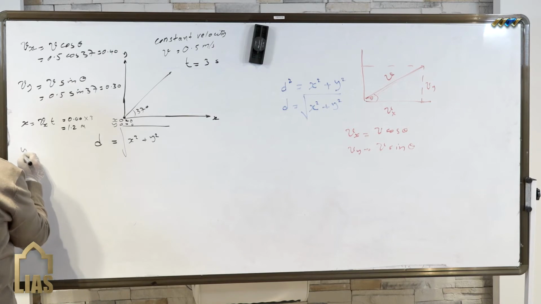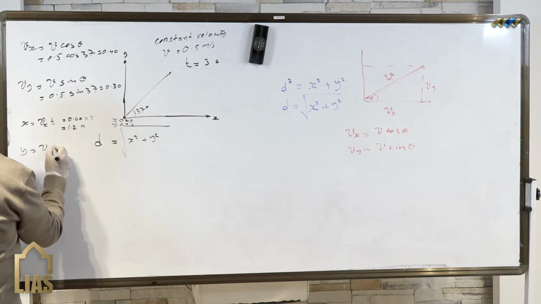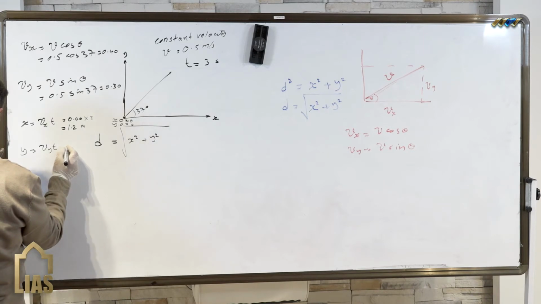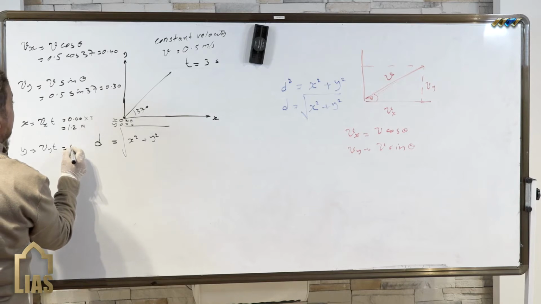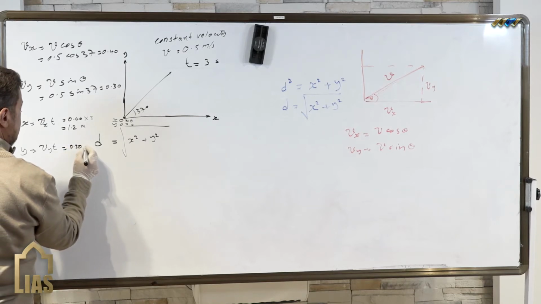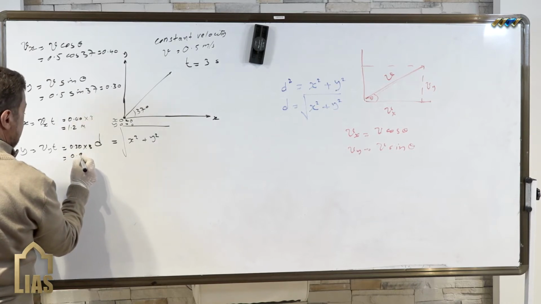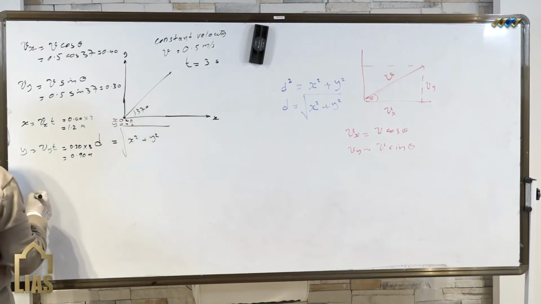And y is equal to Vy t, which is 0.3 times 3 seconds, which is 0.9 meters.